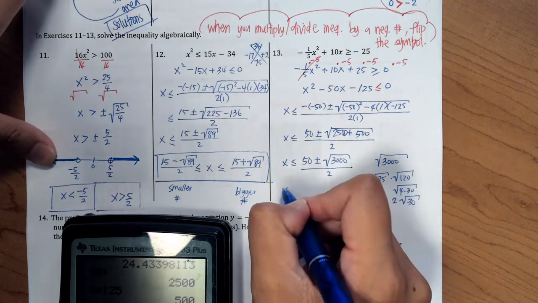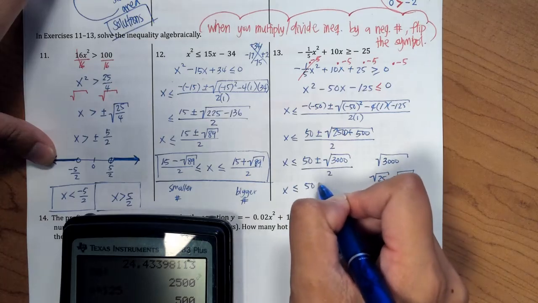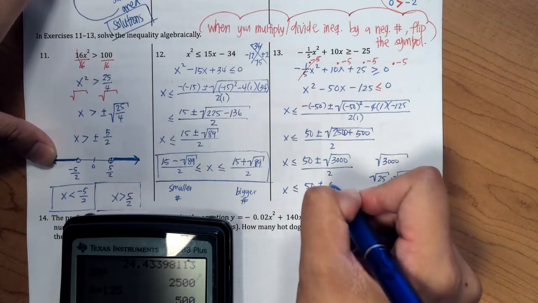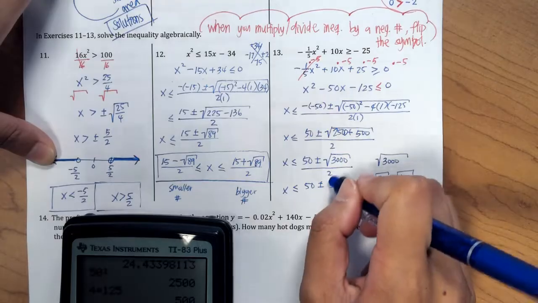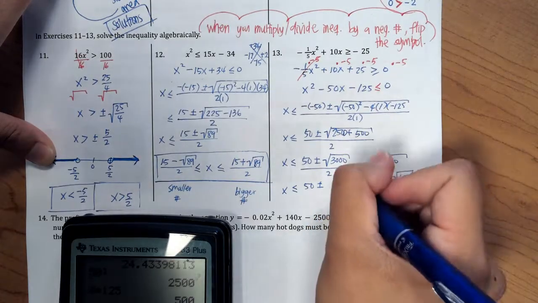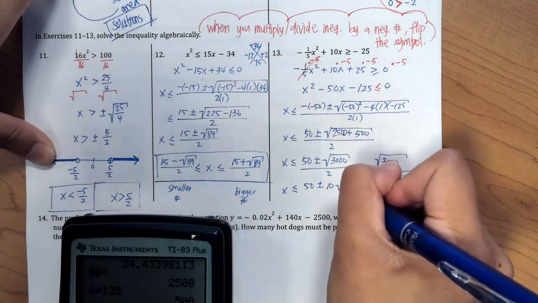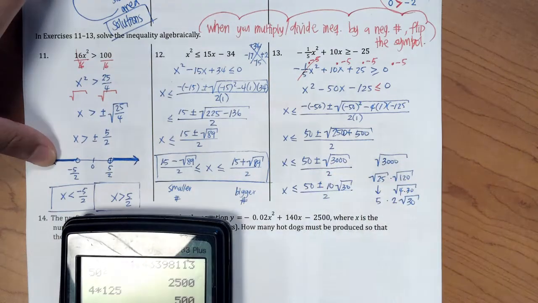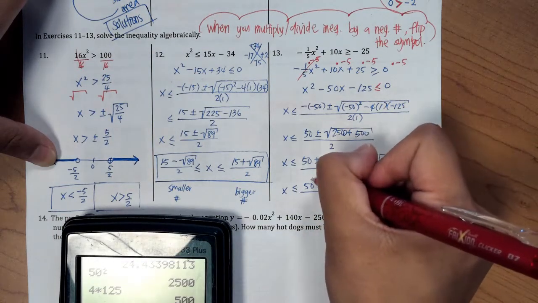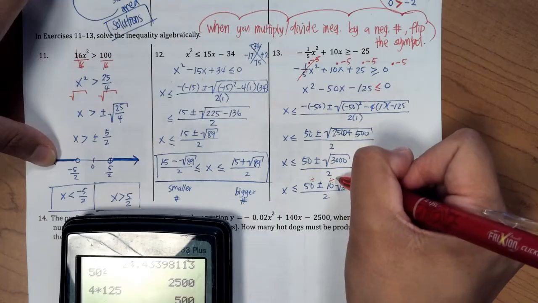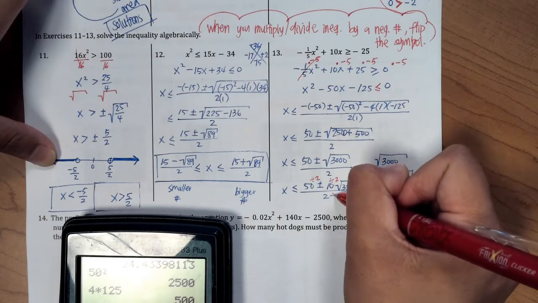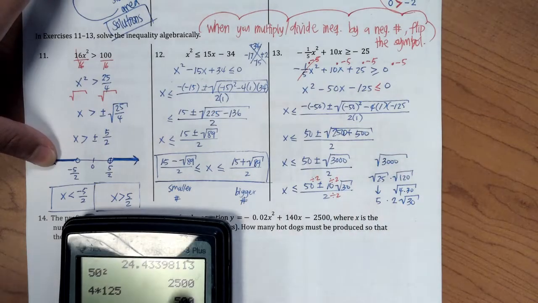So that'll be 50 plus or minus 5 times 2 is 10, sorry, root 30 over 2. Now we can divide all of our outside numbers by 2. Okay, don't mess with the 30, that's a decimal.